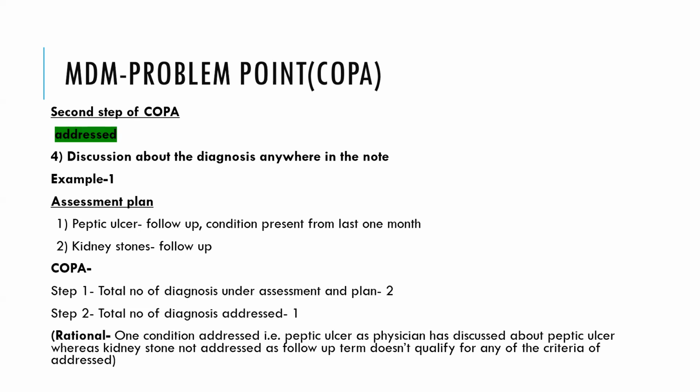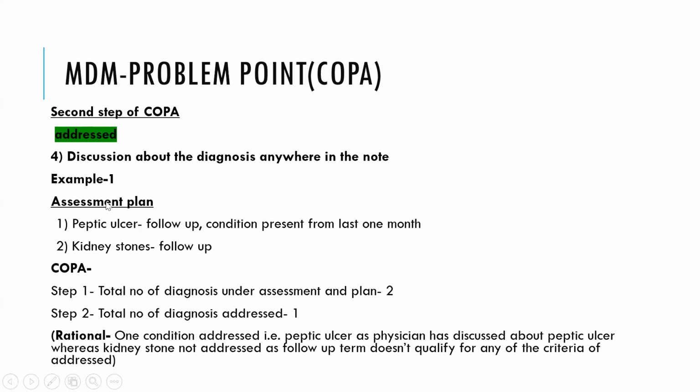What is the severity of the condition? Severity mostly we consider under status, but you can see how long the patient has had it, what are the symptoms related to it, and whether any related symptoms are documented in the note. All this you can consider as discussion about the diagnosis. Mostly under the HPI section you get it, but some physicians do document under assessment and plan.